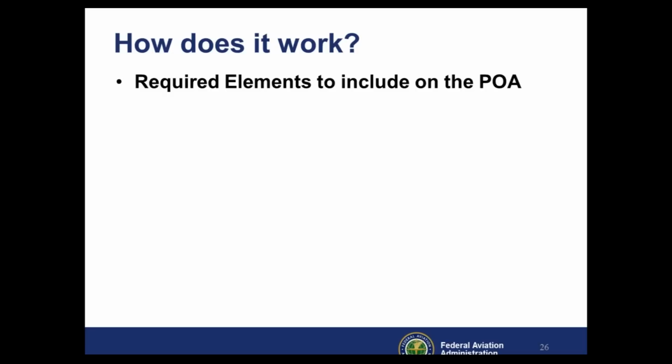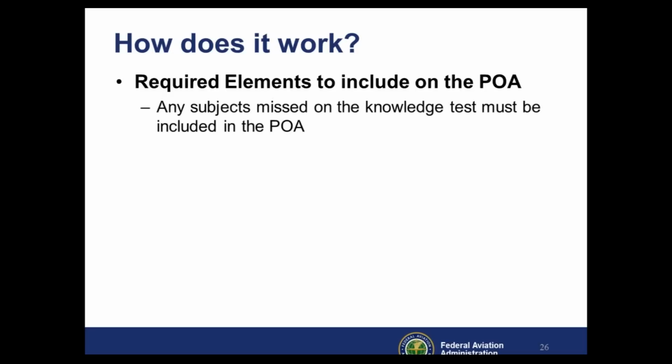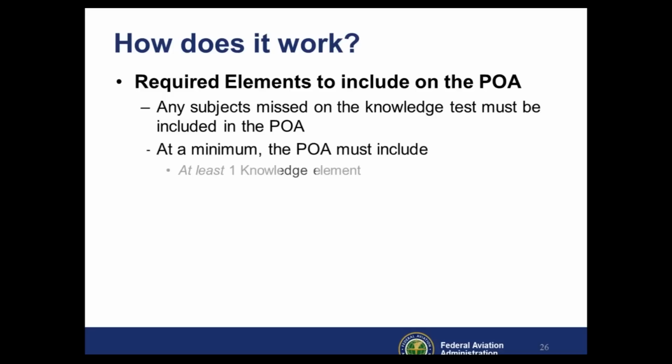So, going back to our list of what has to be on the plan of action. I've already said any subjects missed on a knowledge test must be included in the plan of action. So here's the next rule. At a minimum, the plan of action must include at least one knowledge element. At least one.